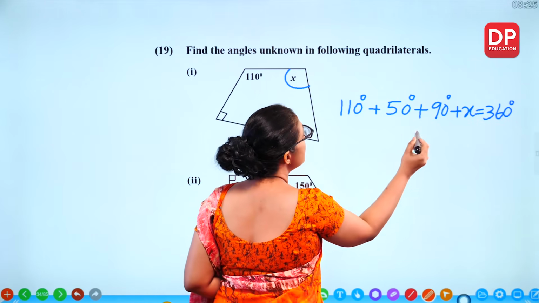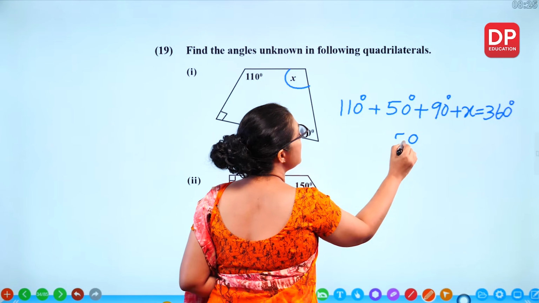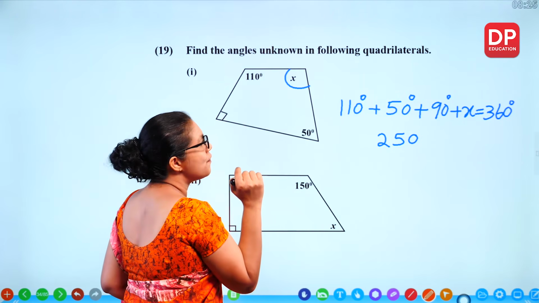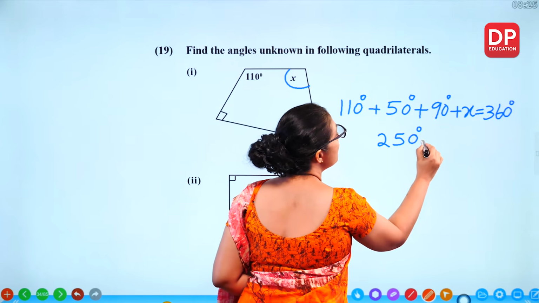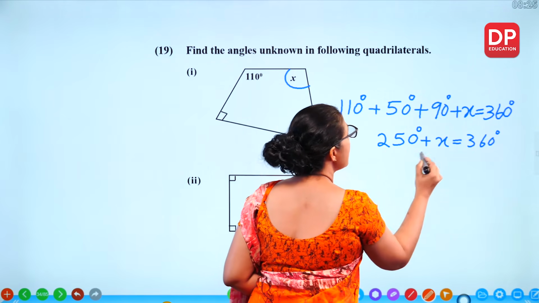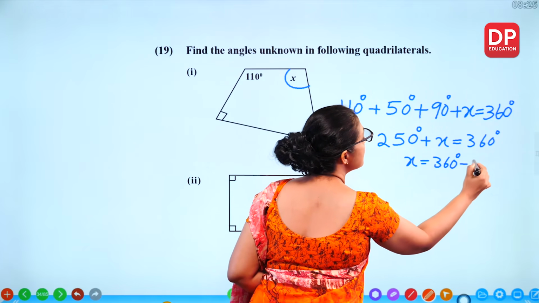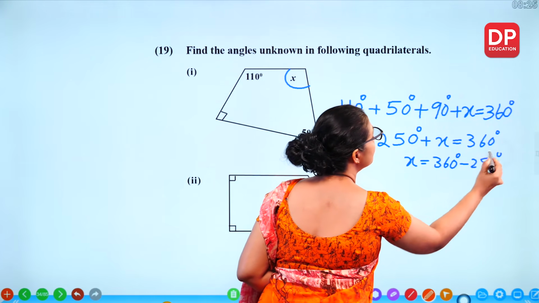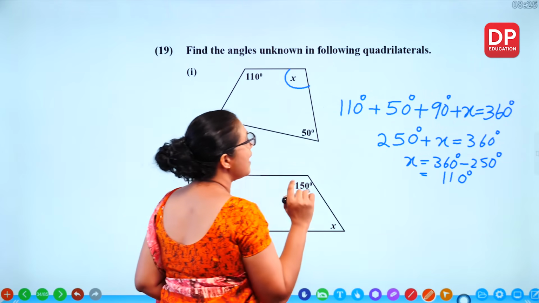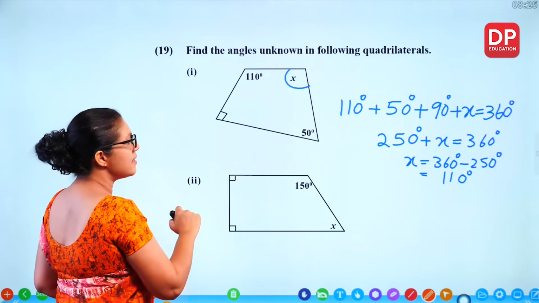Adding these three angles, 90, 110, 150, the total is 250. So 250 plus x equals 360. So what's x? Subtract 250 from both sides. You get 110 degrees.